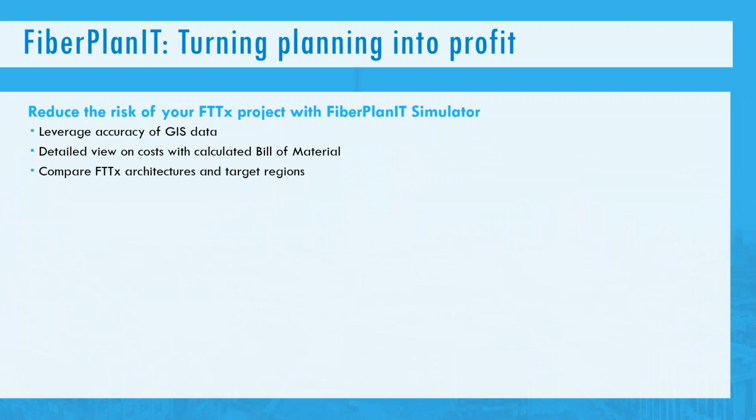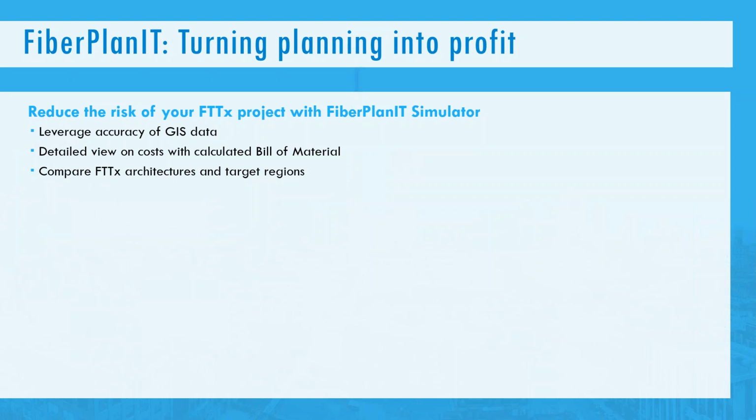All right, so this was a short introduction to our different solutions that we have available. To conclude this webinar, I want to go through them one by one. So we had a look at the FiberPlanIT simulator, mainly used in strategic planning stages, helping you to reduce the risk of your project.